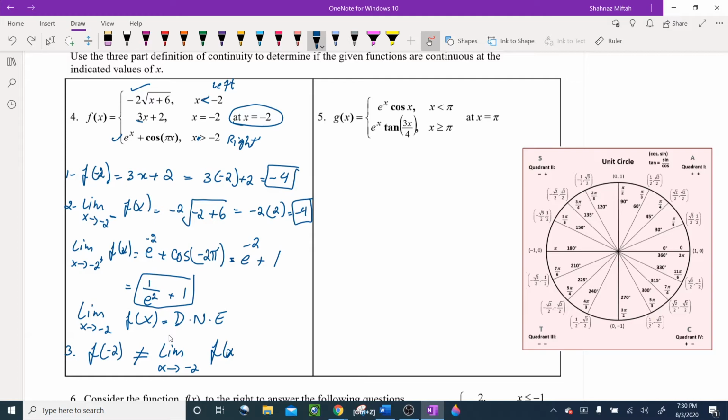Okay, now I have to explain why it's not continuous. I have to give them a reason. I'm going to say therefore f of x is not continuous at, like a justification, I have to say it.